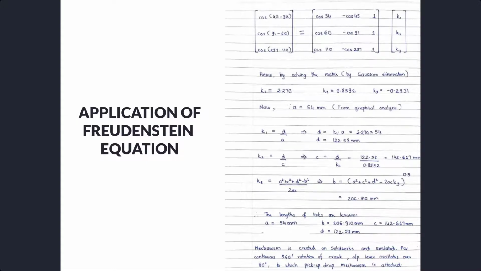Using the values of K1, K2 and K3, we find the values of the links A, B, C and D, which come out to be A is 54 mm, B is 206.91 mm, C is 142.667 mm, and D is 122.58 mm, which is close enough to the graphical results obtained. Hence, we use these values of lengths for our model making.